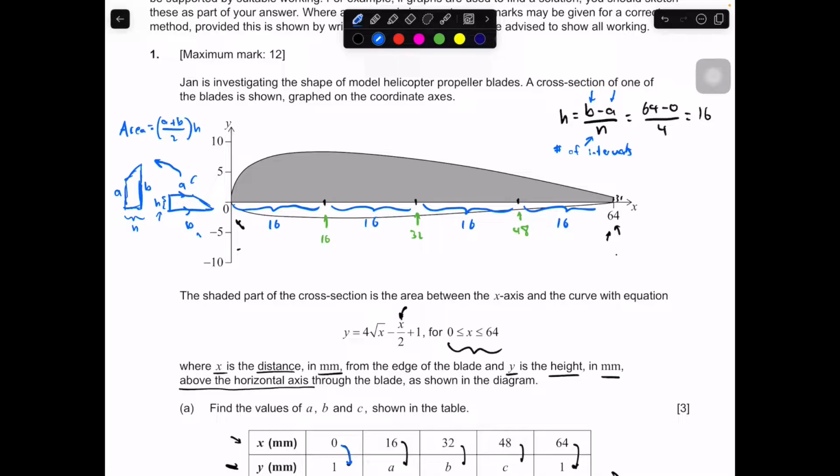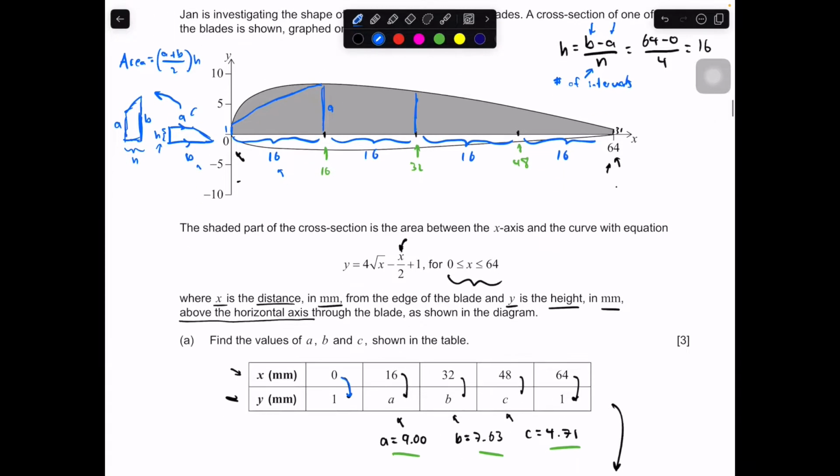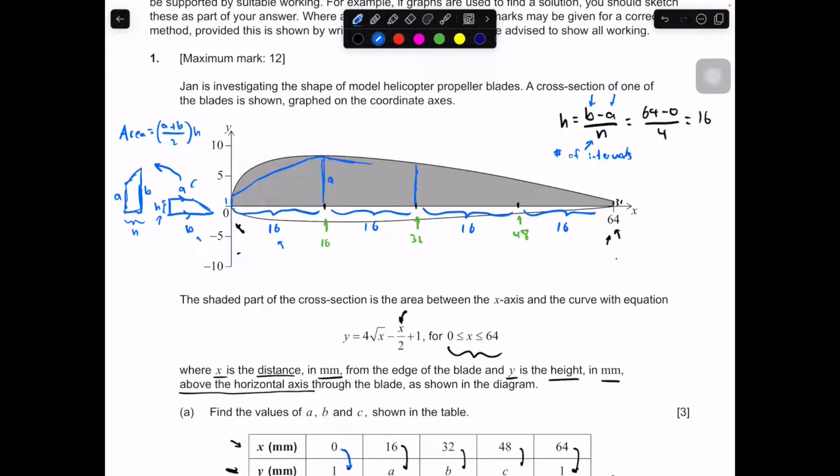And so, if we're trying to use the trapezoid rule, what we're doing, in essence, is making an approximation of the area under the curve using trapezoids. So if this is our first segment, or if we want to have 4 intervals, we have one trapezoid with a height of 1, and then a height of 9, we said. And then we have another trapezoid. When it's 32, our height is 7.63.